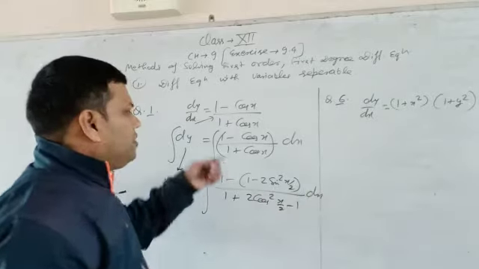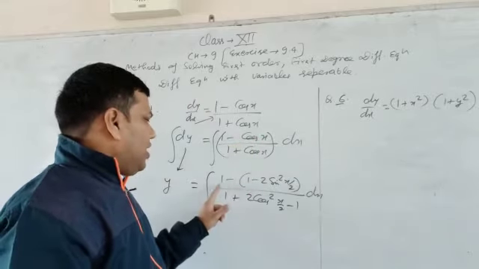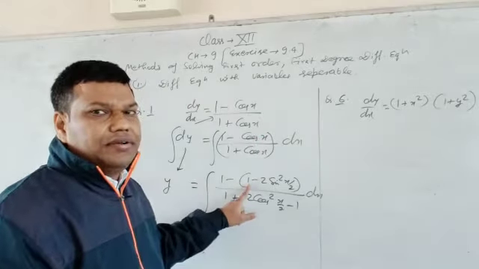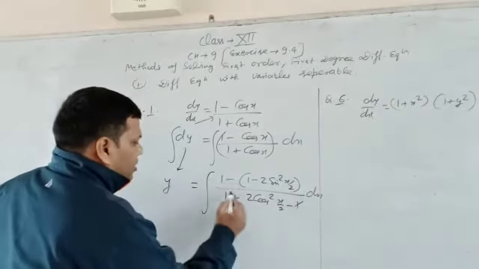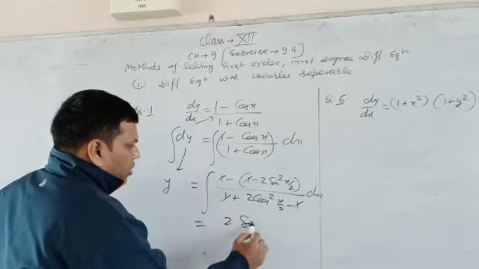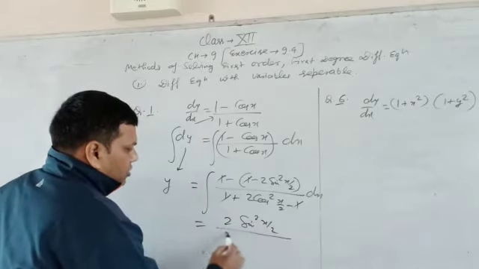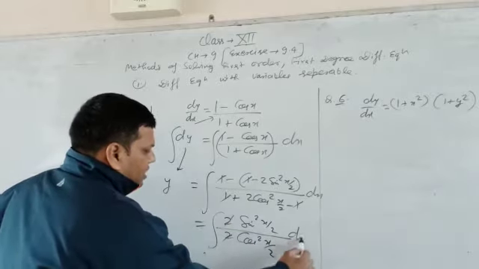I have put in some formulas from trigonometry so that I can cancel out this 1 from both numerator and denominator, and that's done. Now this is 2 sine square x by 2 and this is 2 cos square x by 2. It will be cancelled out.